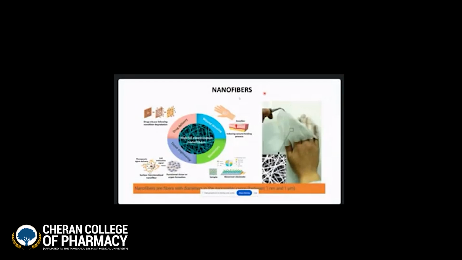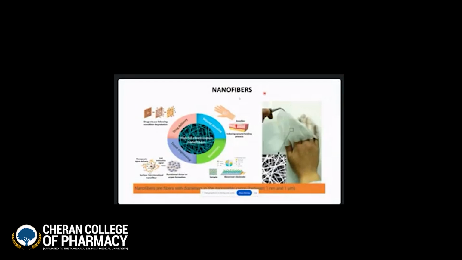The distance between the needle and the collector region should be optimized, because if the collector is very near to the needle, the solution will deposit like water only, and you won't get any fiber. Also, if the distance is very long, the fiber that forms cannot deposit on the collector region. So we need to optimize the distance between the needle and collector region. That is one of the main important things.